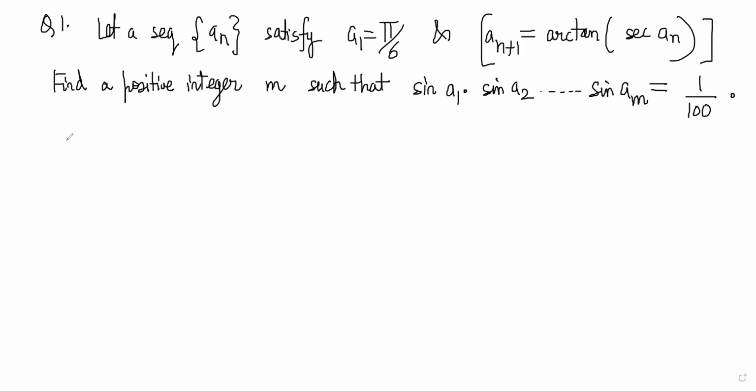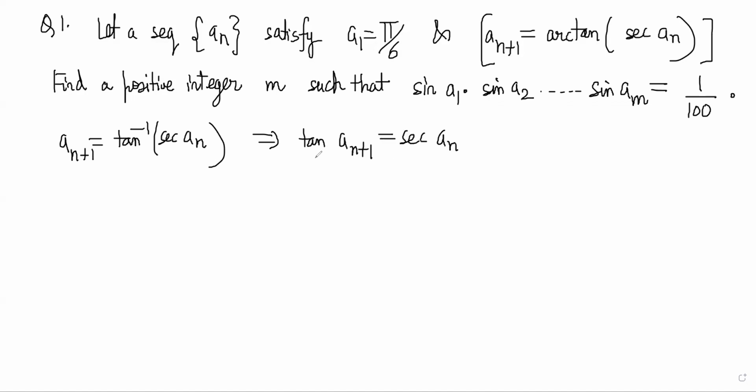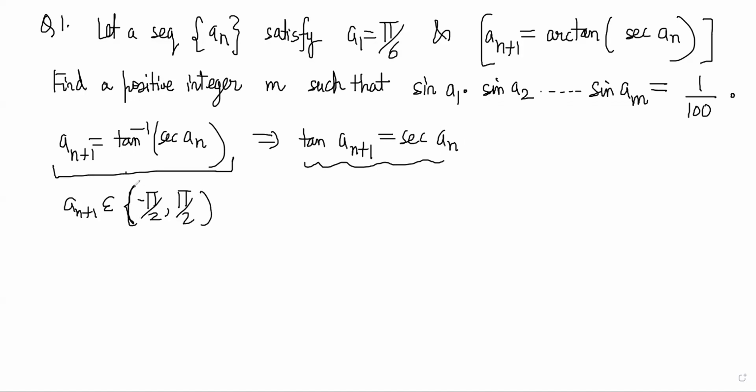So what we can say is an plus 1 is arctan, basically tan inverse sec of an. So we can take tan on both sides and you get tan of an plus 1 is equal to sec of an, right? Also from here, because the range of tan inverse function is minus pi by 2 to pi by 2, we know that an plus 1 lies between minus pi by 2 and pi by 2, right?